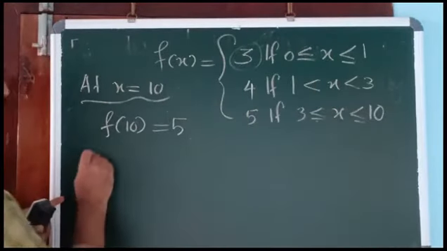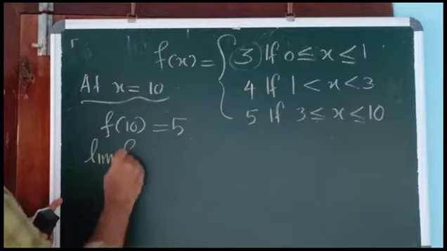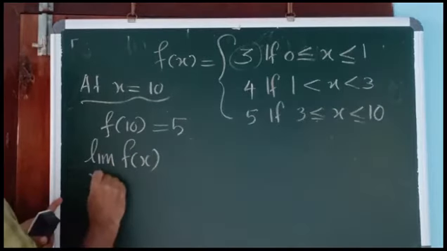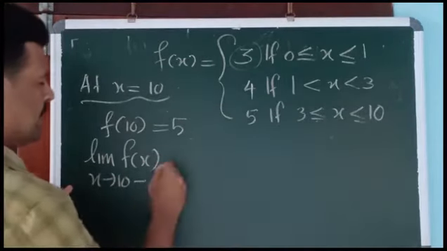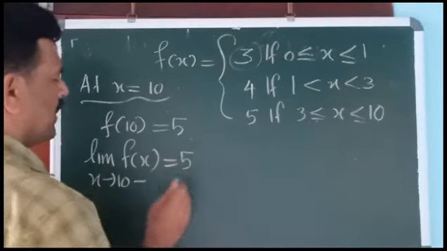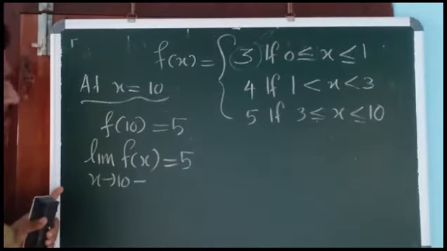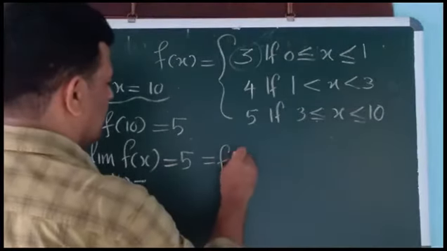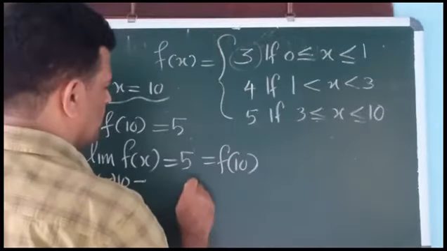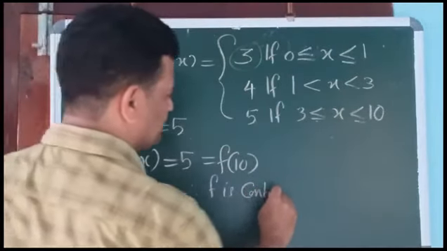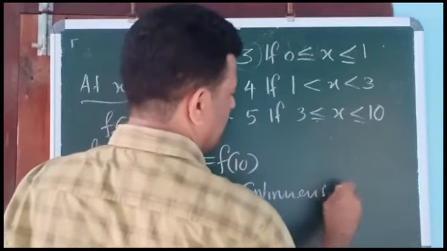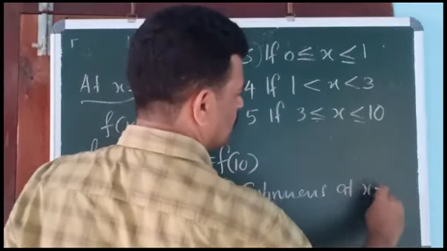The left hand limit of the function is limit of x tends to 10 minus, that means x is going to 10 and it is less than 10. The function is 5. The left limit is 5, that is equal to f of 10. Therefore, f is continuous at x equal to 10.